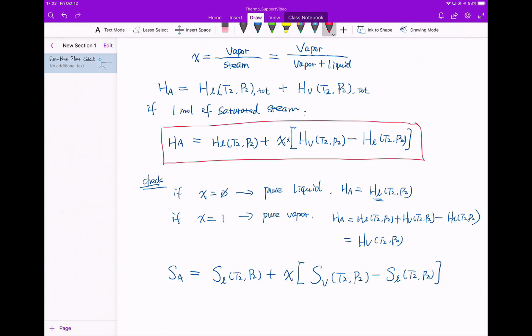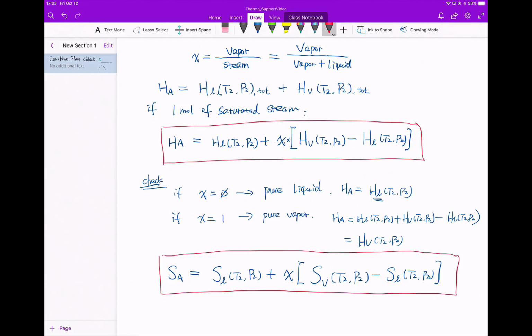That is one other very useful calculation if you know this is a saturated steam and you know the ratio of vapor to liquid.